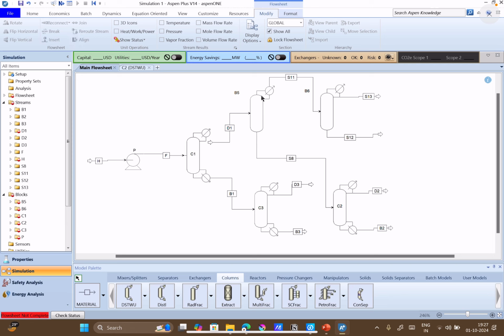Okay. Now this one is referred as CR1, top product as DR1. This is DR1.